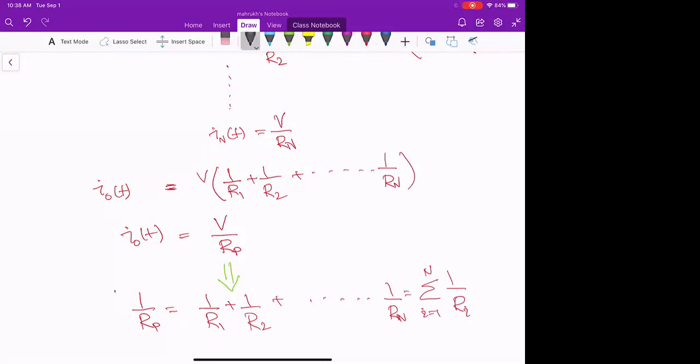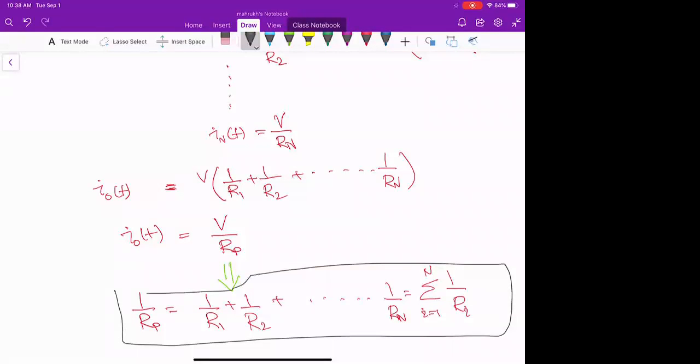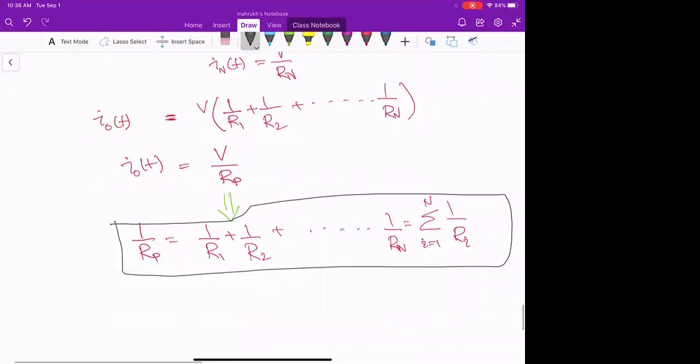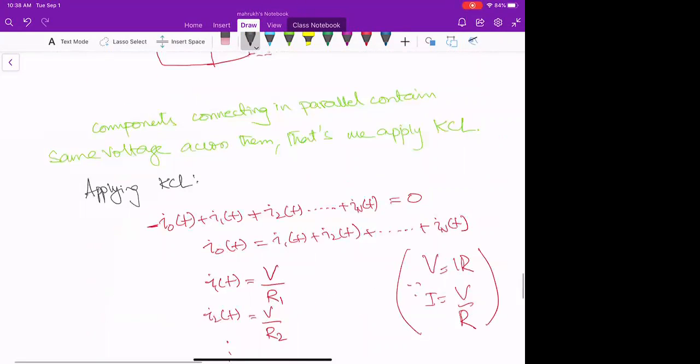So this is the parallel resistance, and that was the series resistance, okay? Are we clear about that? Yeah.